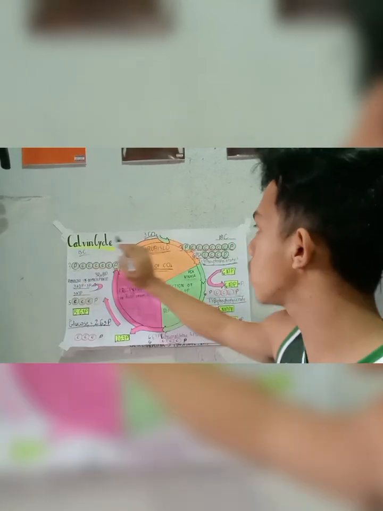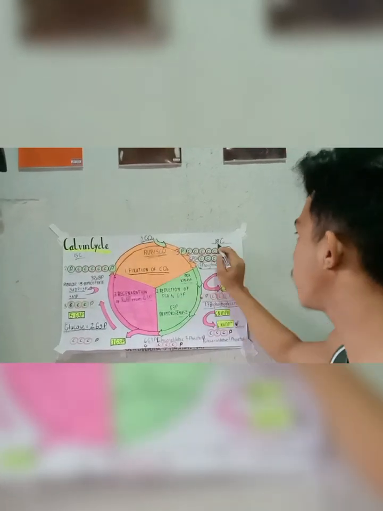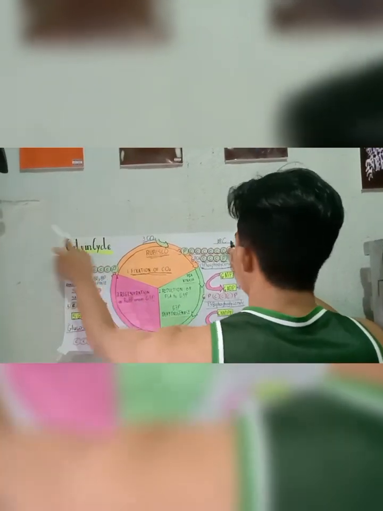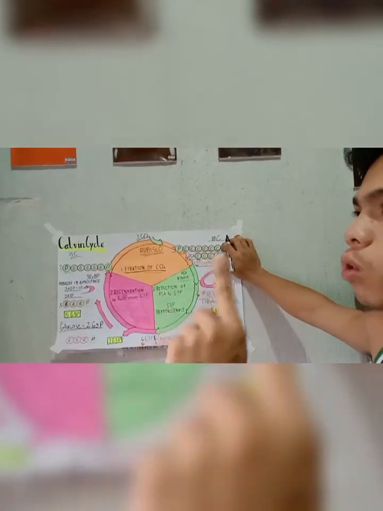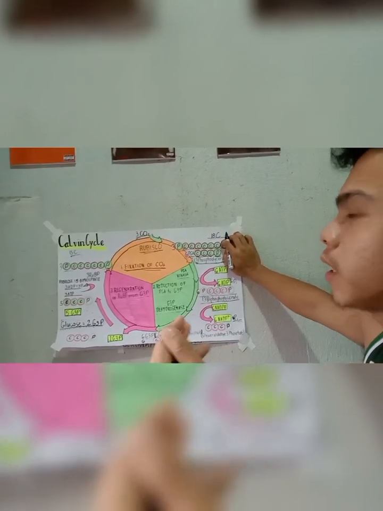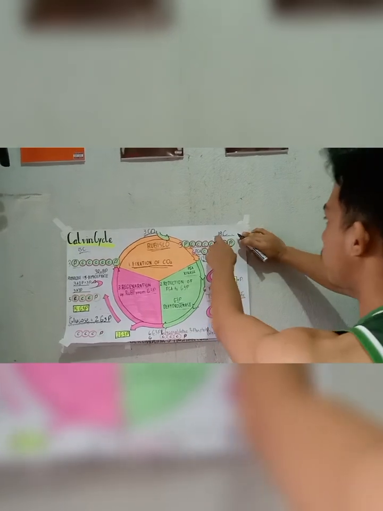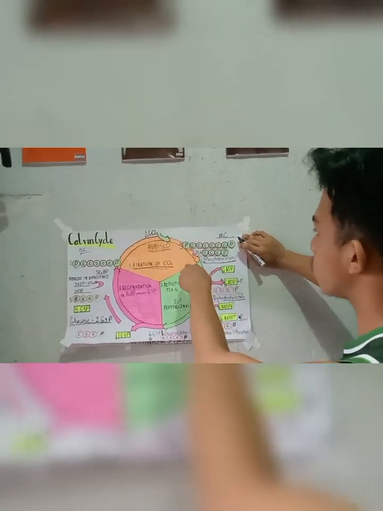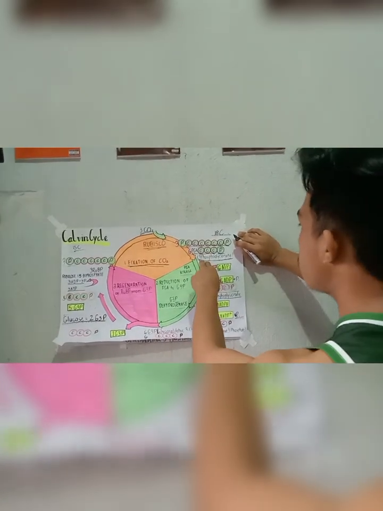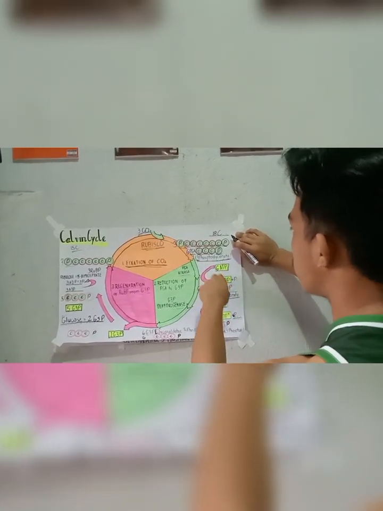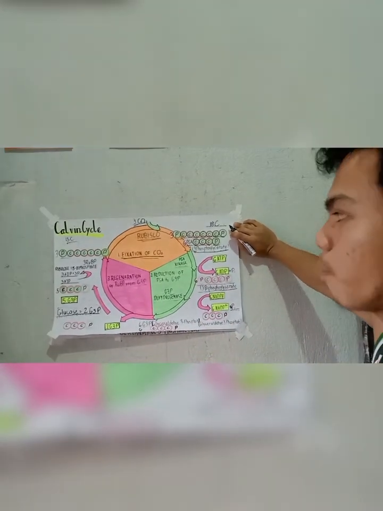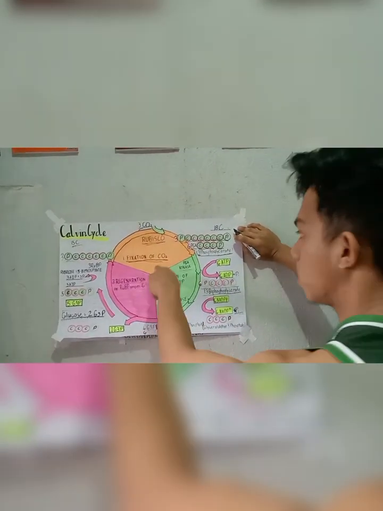So 15 plus 3 is 18 carbon atoms. Since 1 PGA contains 3 carbons, we divide 18 carbons by 3. So we get 6 pieces of PGA, or 6 pieces of 3-phosphoglycerate. That's what happens in the fixation of carbon dioxide.